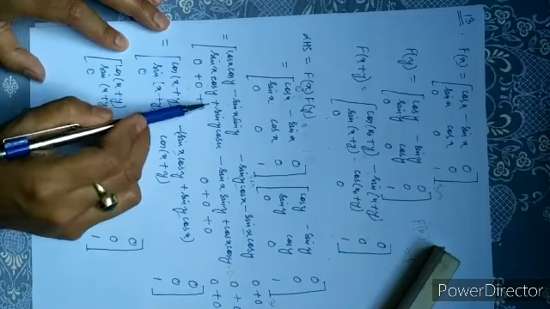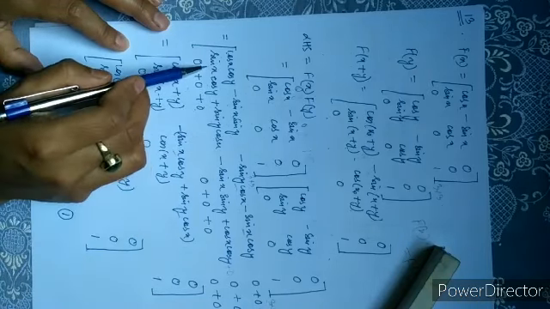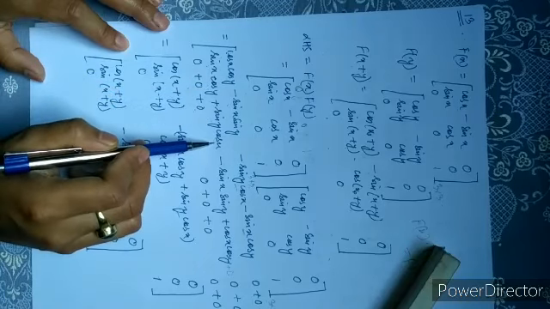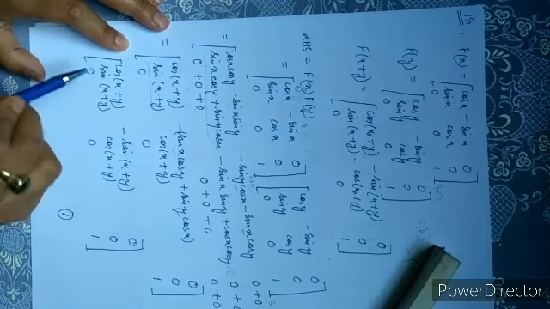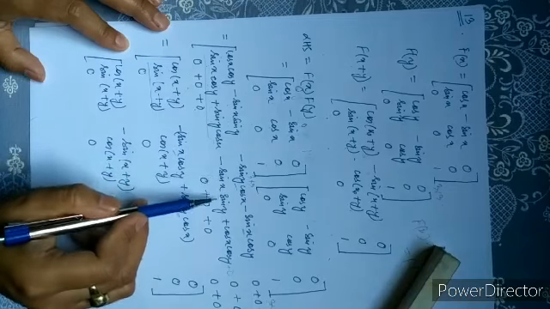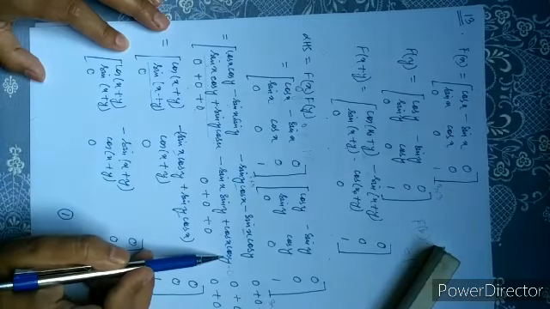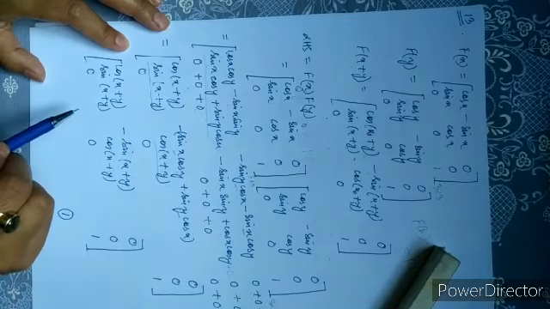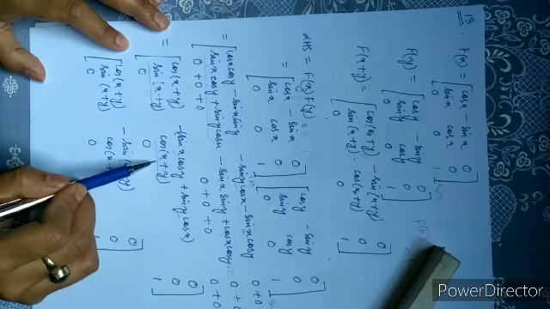Sin x cos y plus sin y cos x is the expansion of sin of x plus y. Sin x sin y plus cos x cos y is the expansion of cos of x plus y.